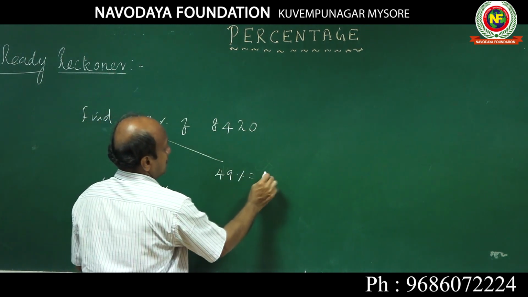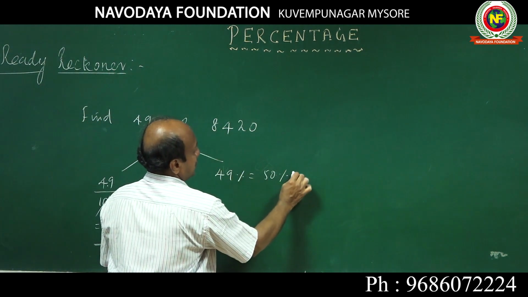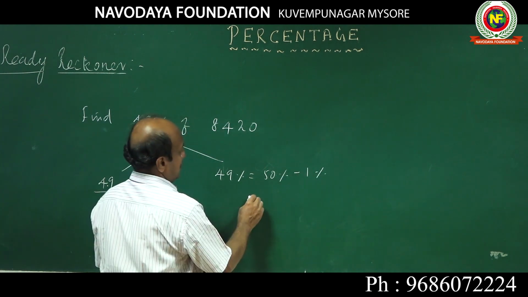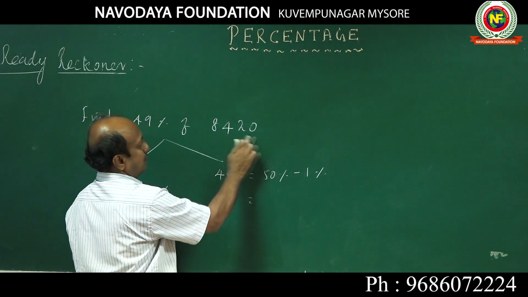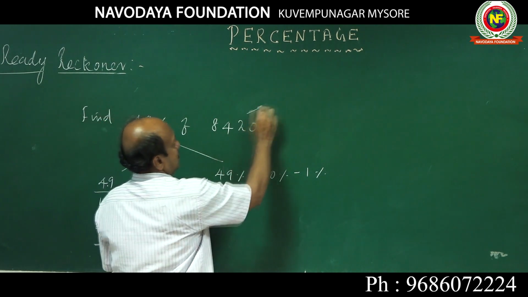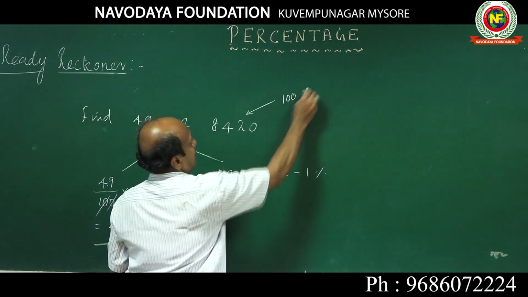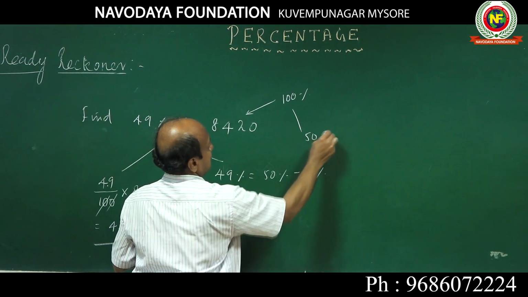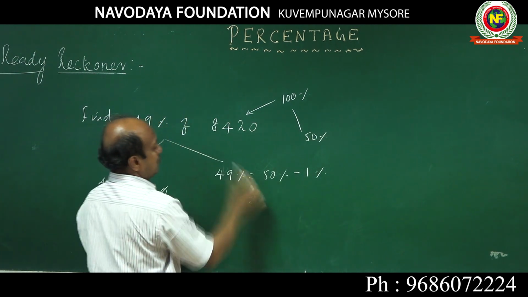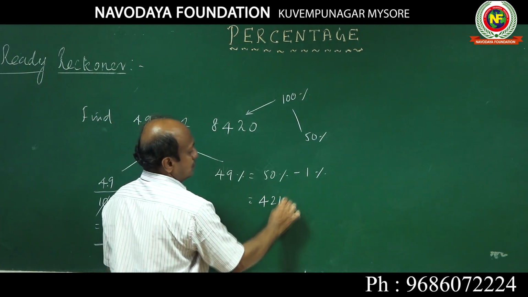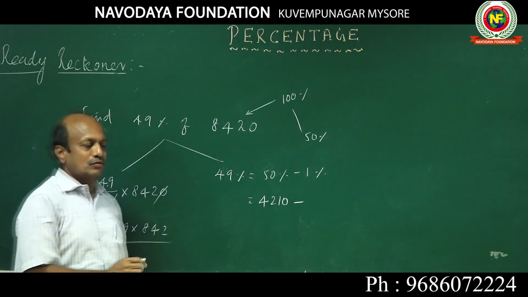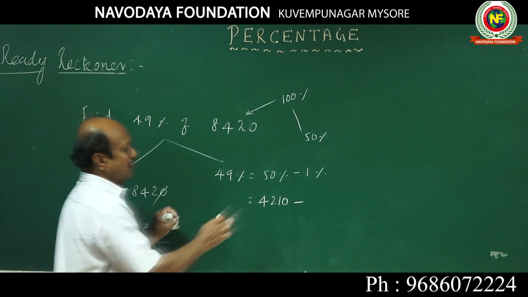49% is equal to 50% minus 1%. 50% is nothing but half of this, right? This is equal to 100%. What is 50%? It comes to half of this. What is half of this? You will get 4210. Next, you have to find 1%.